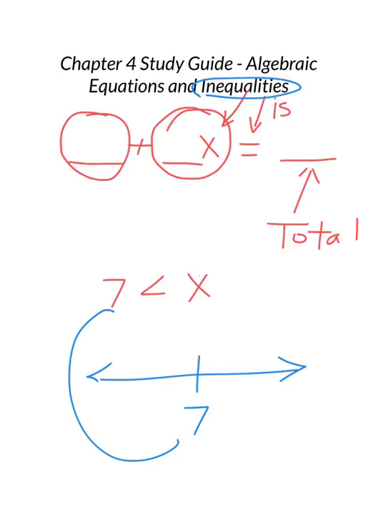I say x is greater than 7, so open circle for greater than. Here's the 7, and x is greater than 7. That can confuse some people because the arrow is pointing differently than the other arrow, but it means x is greater than 7. That's a recap of what we're thinking about with inequalities and equations.